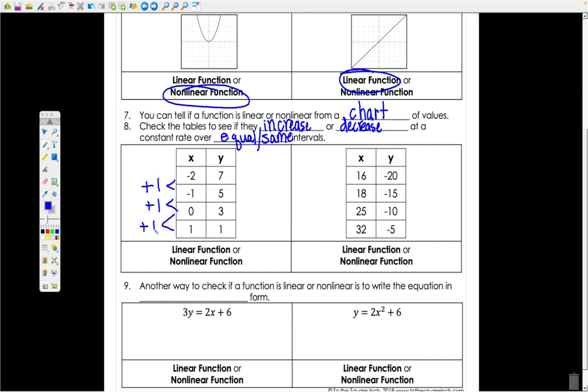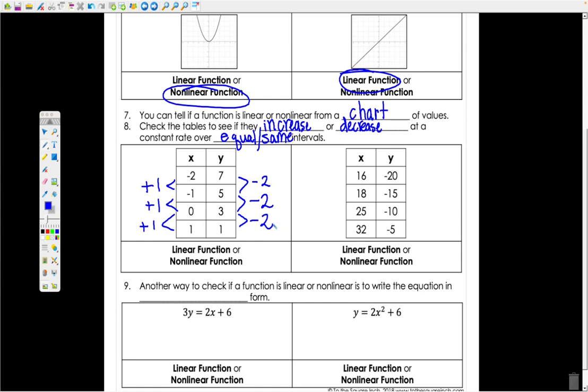So from 7 to 5, it's not increasing, it's decreasing by 2. What about from 5 to 3? Same thing, decreasing by 2. From 3 to 1, decreasing by 2. When you see that they are increasing or decreasing over the same intervals, that's going to make a constant rate of change.